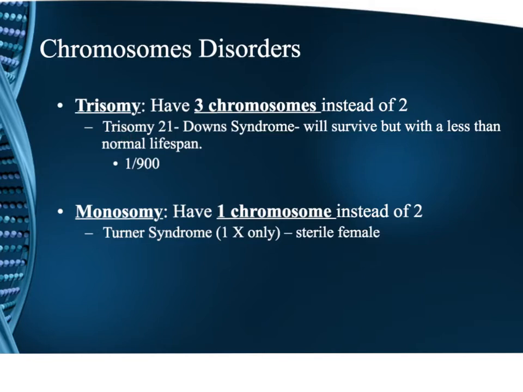And you might not have heard of trisomy 21, but I'll bet you have heard of a disorder that we call Down syndrome. And Down syndrome is because of the person having one extra 21st chromosome in every single one of their cells.